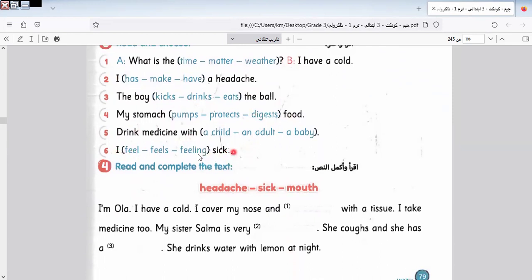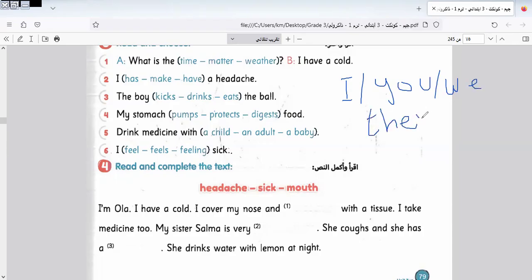I feel sick. So I can say that in the simple tense, I, you, we, they don't take s. In the simple tense, I, you, we, they don't take s, but he, she, it take s.